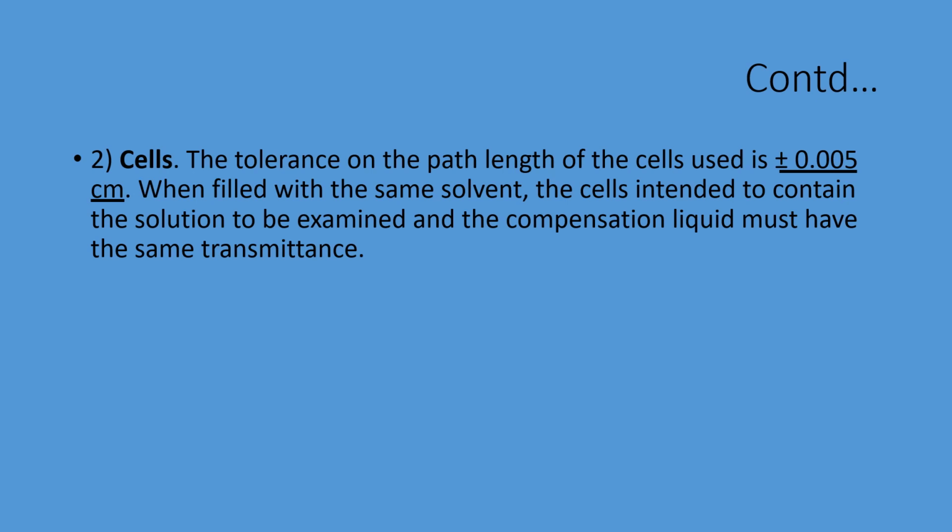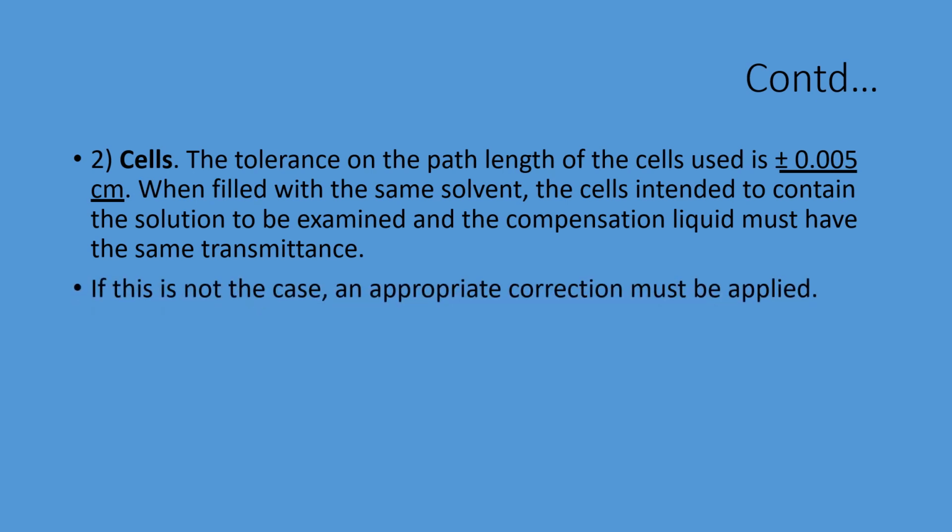You should always use matched cells. See, the tolerance is not more than 0.005 centimeters. When you buy the quartz cells, make sure that they are matched. And for this, you get a certificate also. To the extent possible, this is the recommendation. But under certain extreme conditions, a correction may be applied.